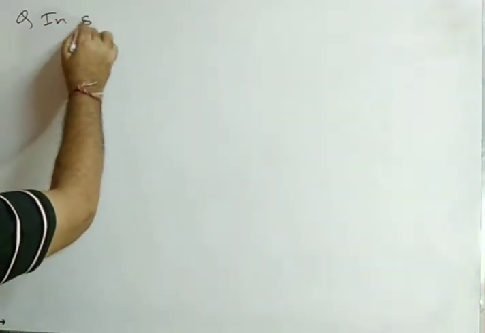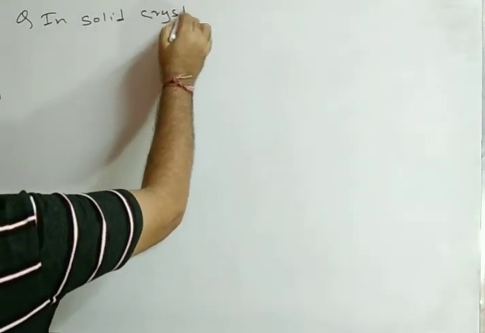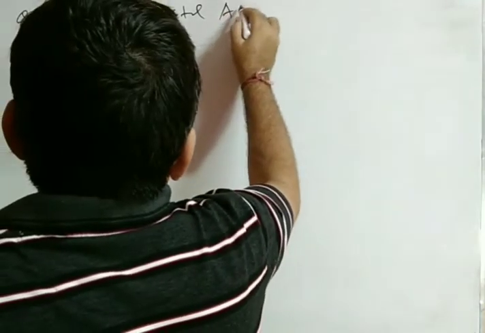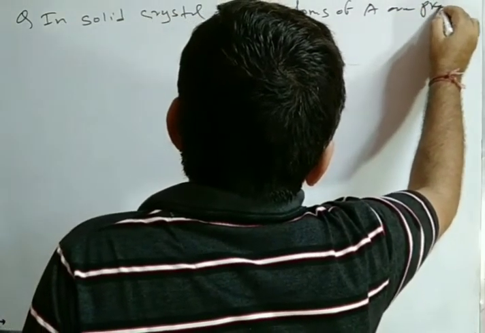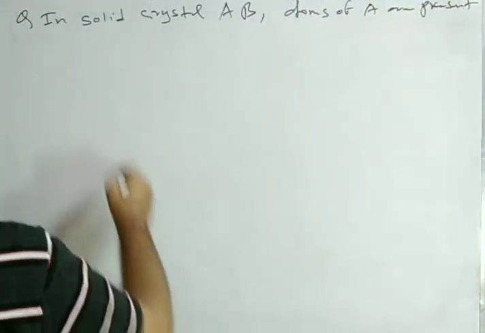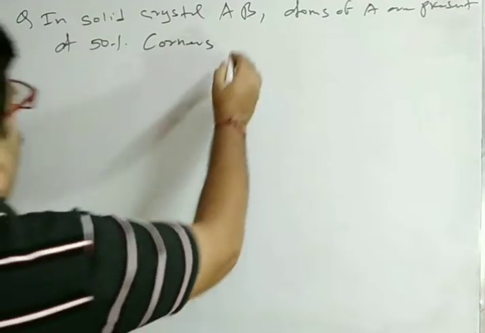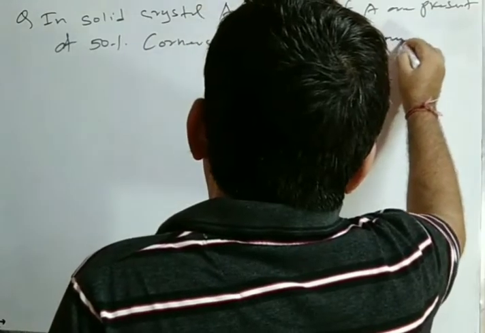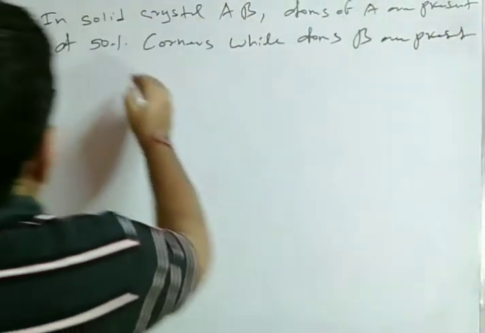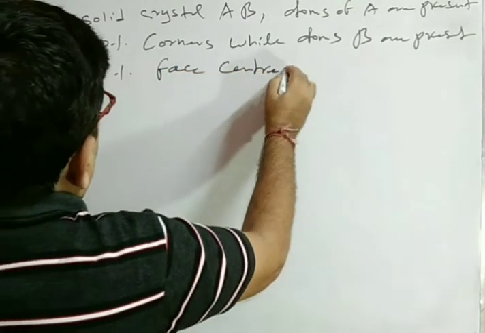Our next problem is: in solid crystal AB, atoms of A are present at 50% of the corners, while atoms B are present at 25% of the face centers.